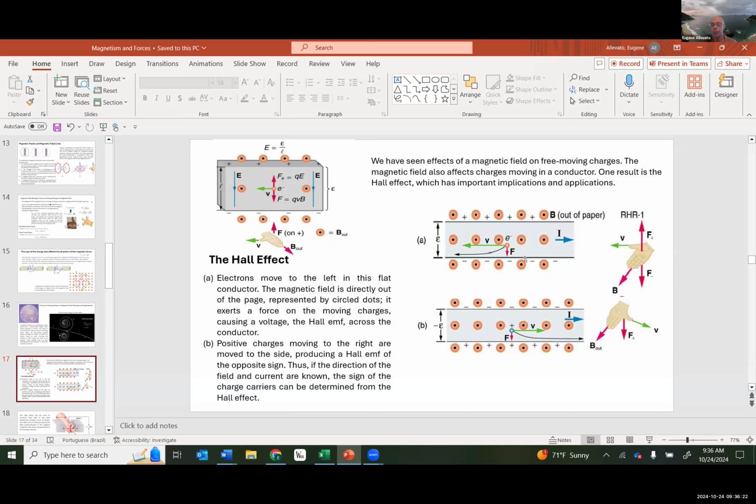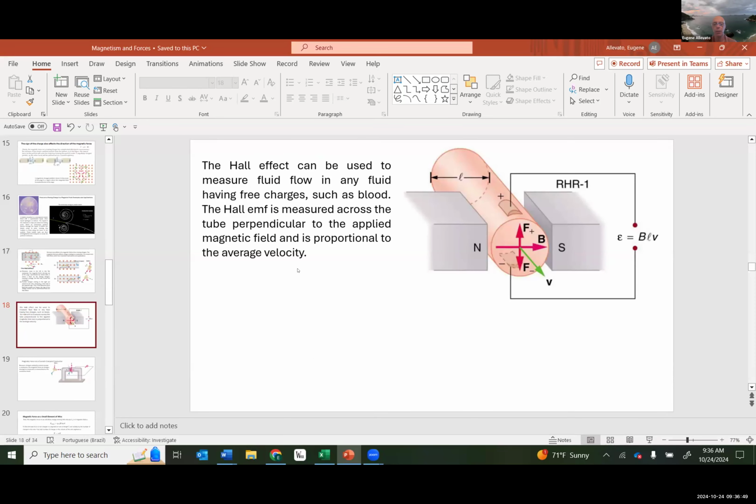generates an electric field, and the measurement of this is what is called the Hall effect. Of course, this is going to depend on the moving charges of a fluid or anything like blood, for instance, right? Blood has electrons, and you can make measurements of that as well.